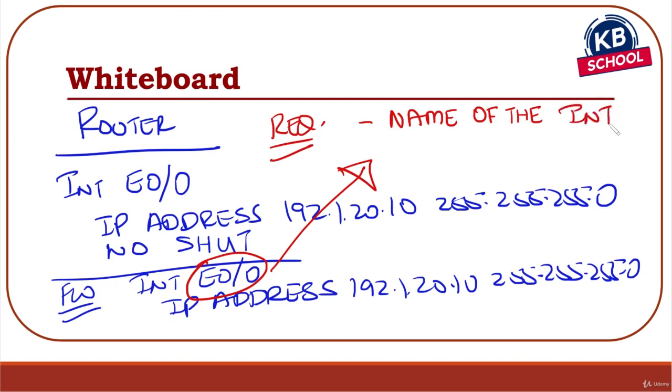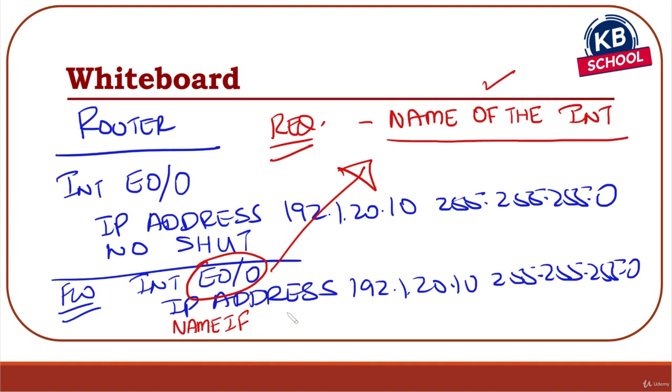So all the other commands that pertain or point to the physical interface will use the name of the interface. For example, on a router, when you create an ACL and you want to apply the ACL, you apply it to E0/0. Here, when you apply the ACL, you're not going to apply it to E0/0, you're going to apply it to the interface name. And that's done by using a command called nameif. We'll go into details about the commands.